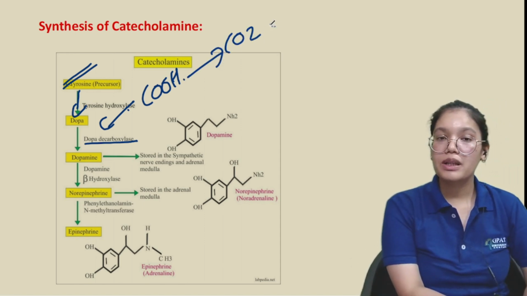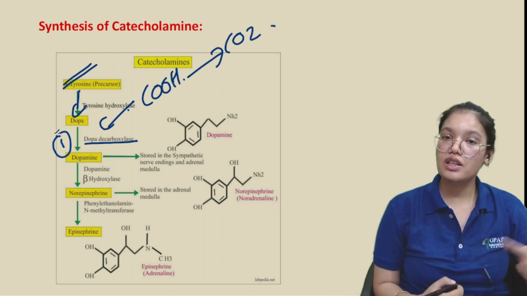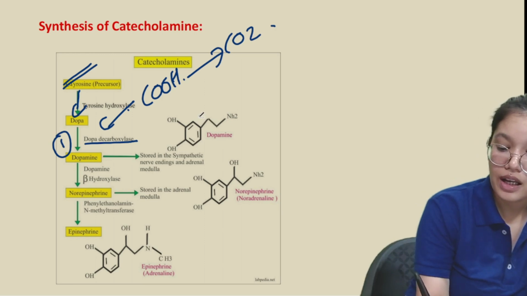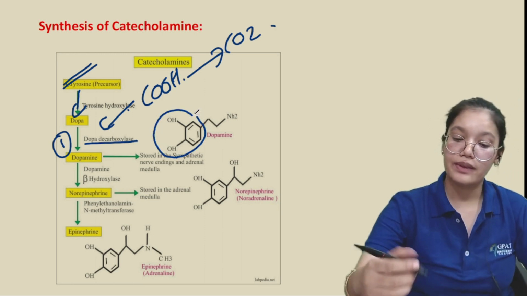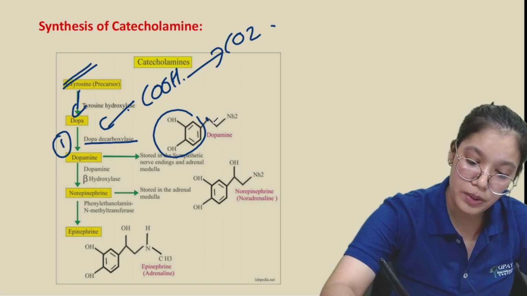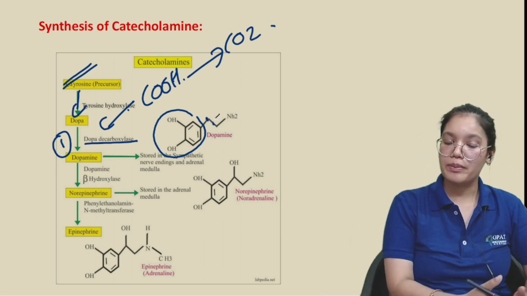Dopamine is the first neurotransmitter of the sympathetic system and it is a catecholamine, so it contains a catechol ring, then an ethyl bridge and an amine group attached to that. So a simple dopamine structure.